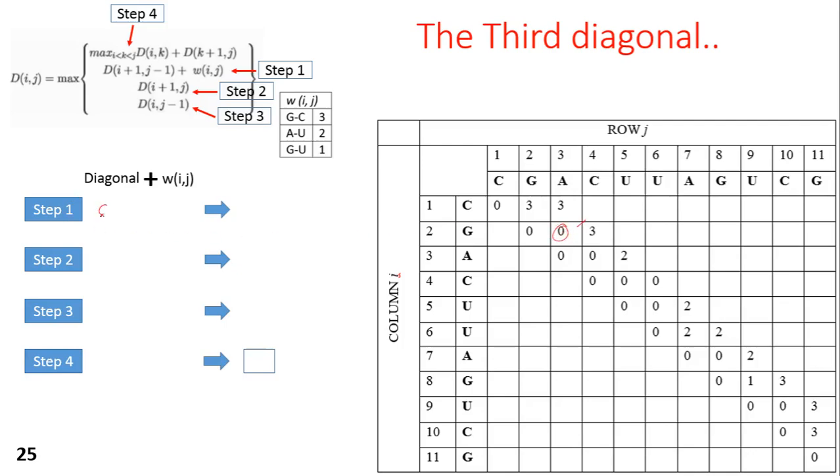Okay, this value is 0. Then we have to consider the possibility of adding this weight value. This box corresponds to base pairing of C with C. We don't have any weight for C with C, therefore we would keep the weight value 0. 0 plus 0, we will give it 0.